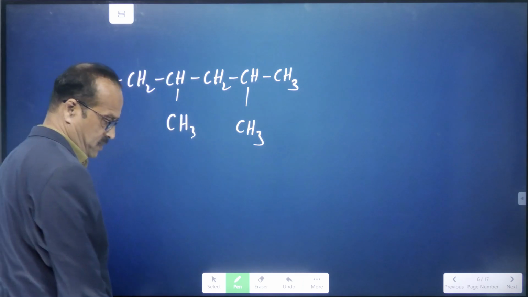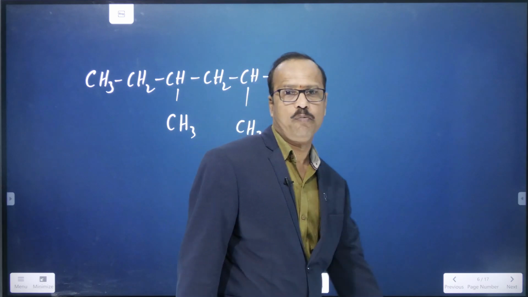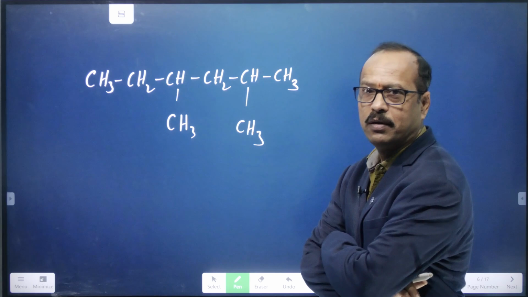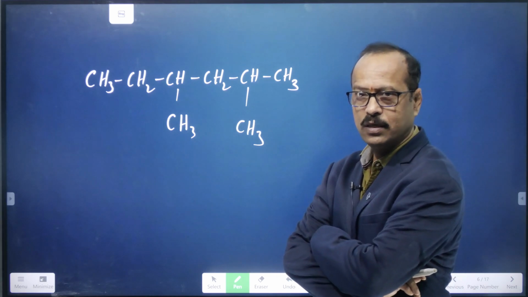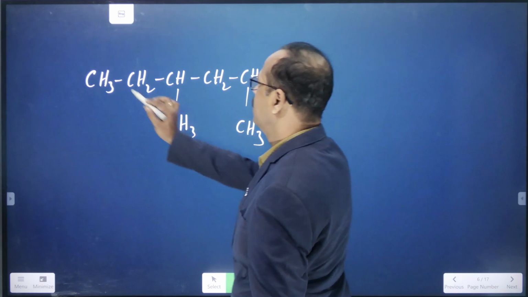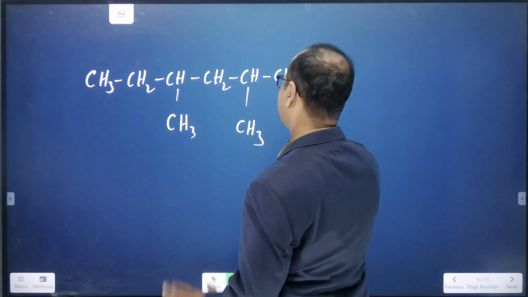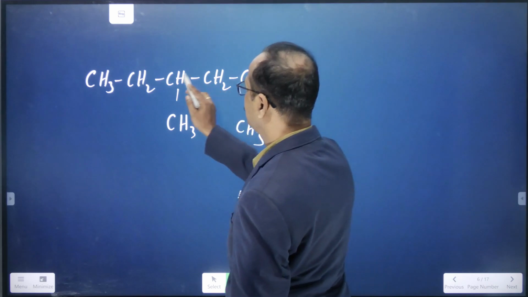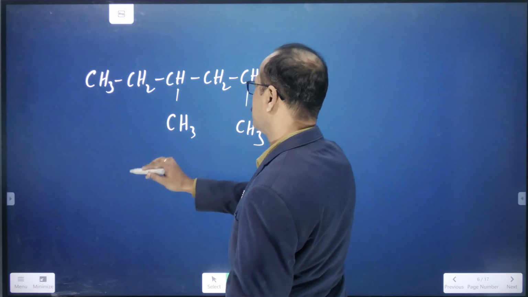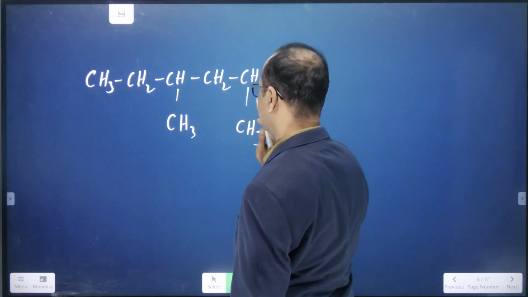I kept it like this. This is one compound, and I want to give the name to this compound. So what's the first rule? Longest chain. Here, 1, 2, 3, 4, 5, 6. This is the longest, 6 only.